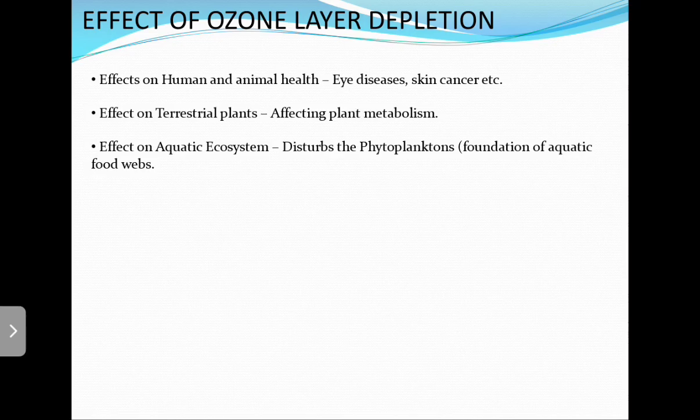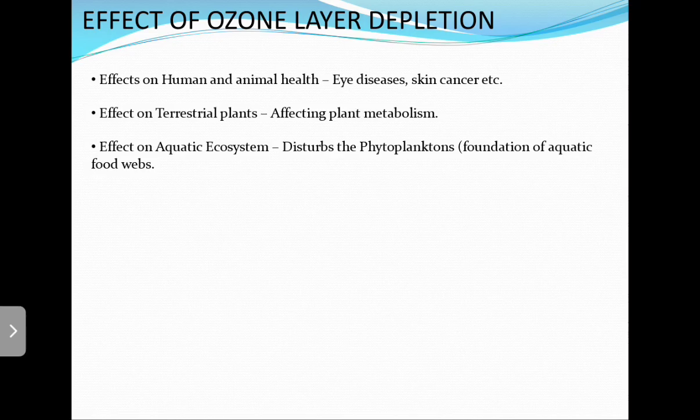As you know, photosynthesis is the process for production of the food we take. Similarly, the phytoplankton process is required for the production of aquatic food webs.